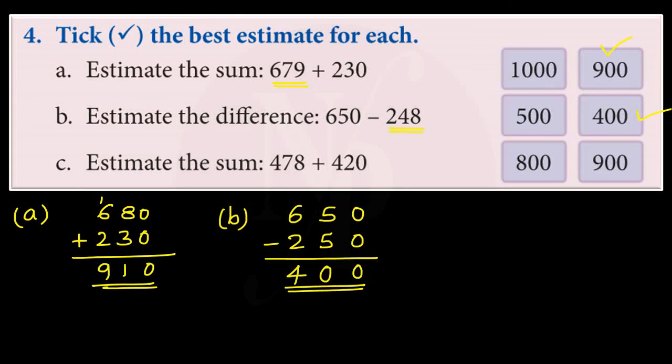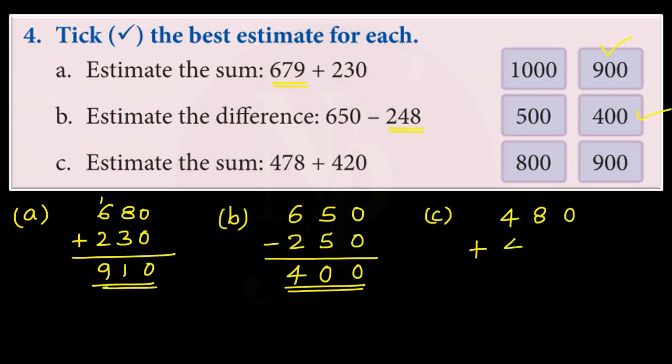C. Estimate the sum 478 plus 420. Here you see 478 is close to 480. We can write 478 as 480, which is close to this number.